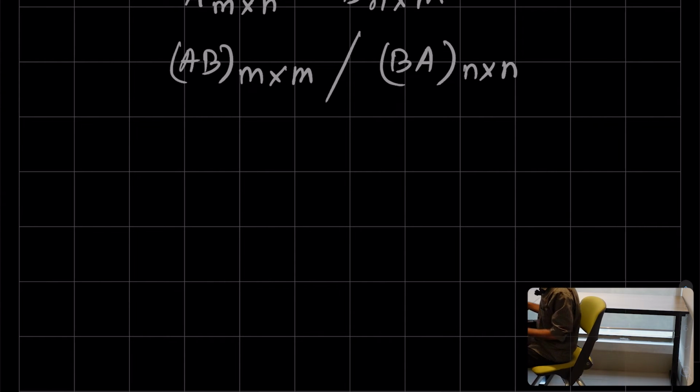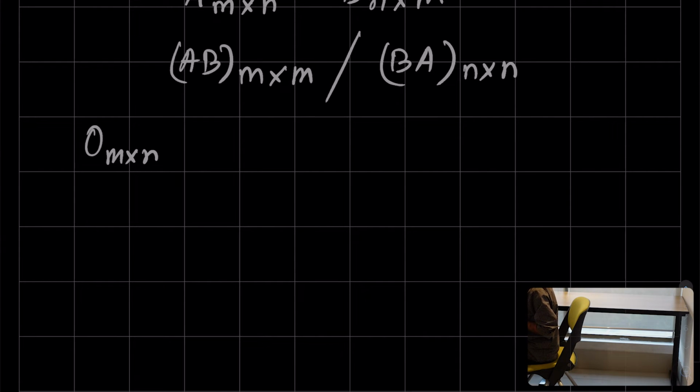So an example of a matrix can be 0 of size M cross N. Do you know what this matrix is? All the entries are 0. The size is M cross N, so the number of rows is M and the number of columns is N. Like this, we consider another matrix.